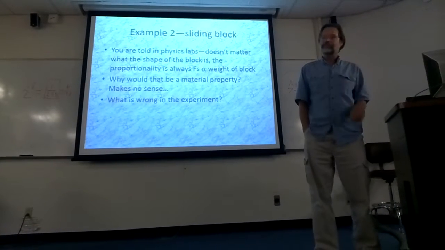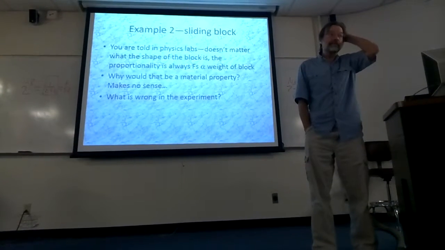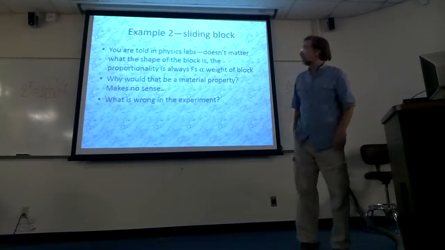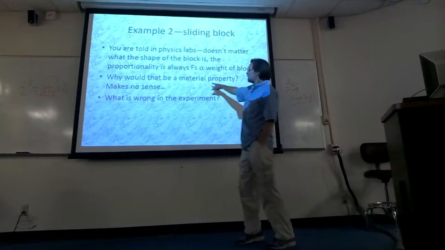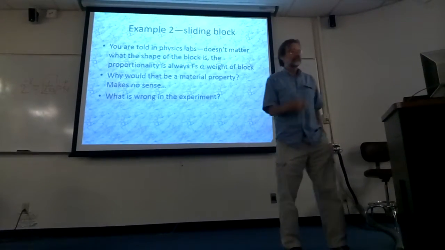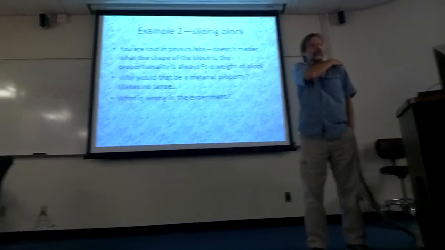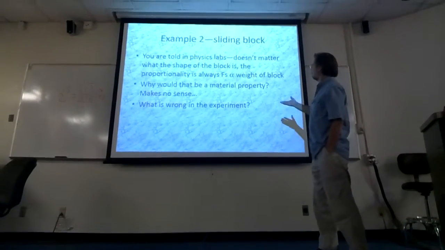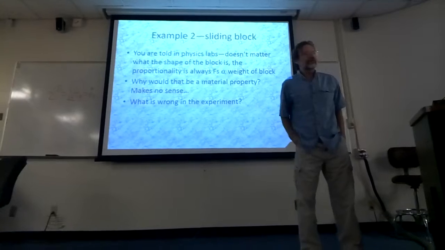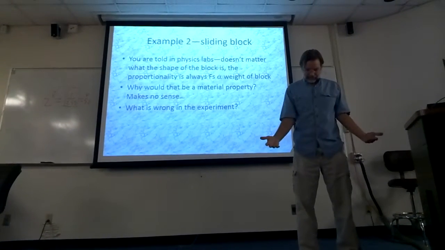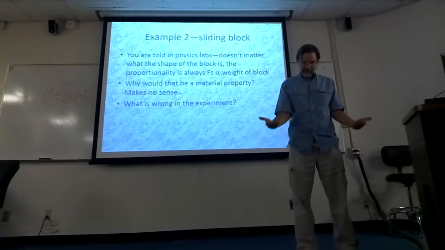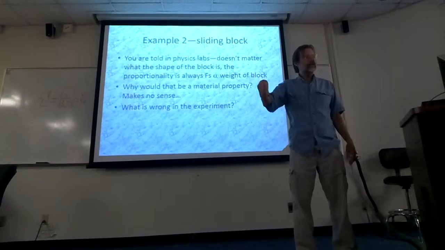And you can do this. I mean, lots of times they do this as an experiment, right? But then they also tell you that that's a material property, the coefficient of friction, right? But you have to ask yourself, well, that doesn't make any sense either. Why would it be the same if I had a big flat thing versus a big tall thing?